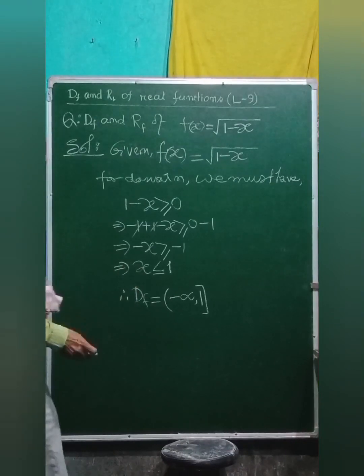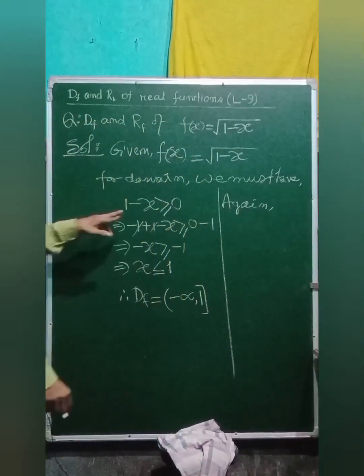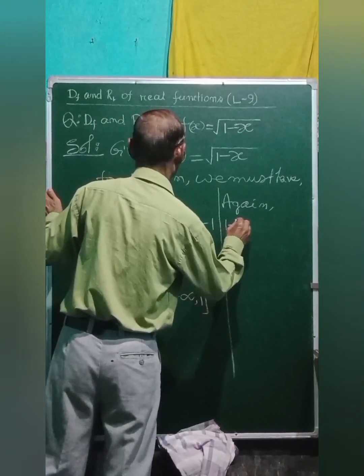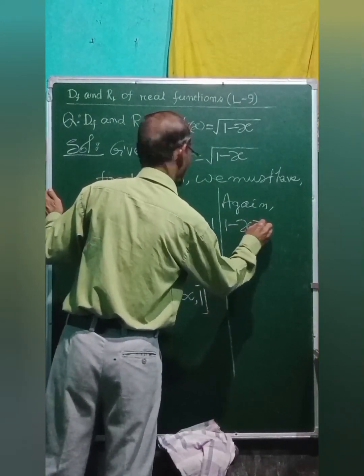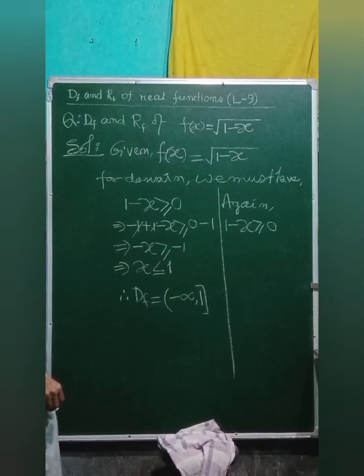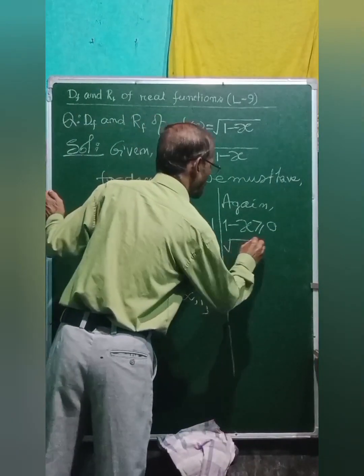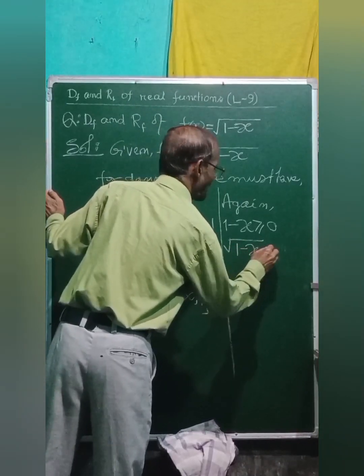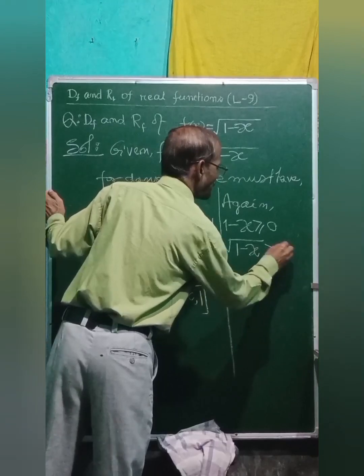For the range, again you can take this directly: 1 minus x is greater than or equal to 0, which implies root over (1 minus x) is greater than or equal to 0.